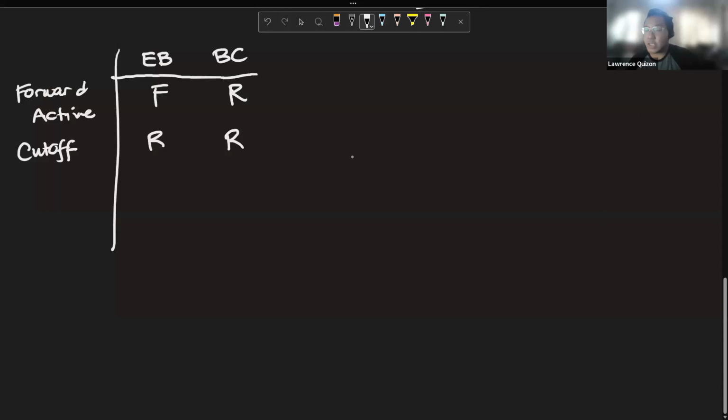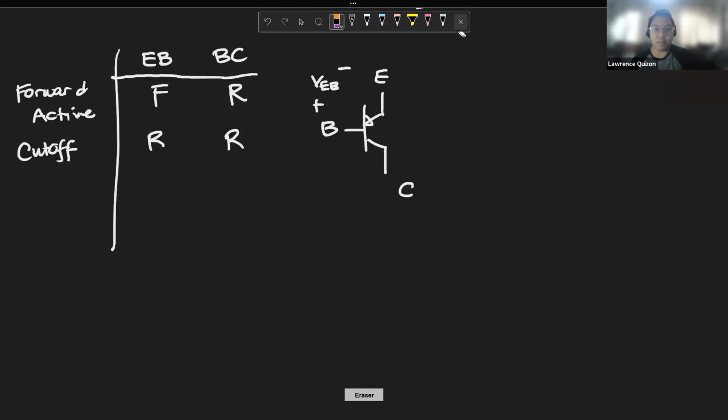So on a BJT, what this would look like is probably something like this, no? So kung ito yung emitter, ito yung base, at ito yung collector, no? And this is a PNP BJT, the base would be higher than the emitter, no? So VEB is positive, VEB is negative, rather.